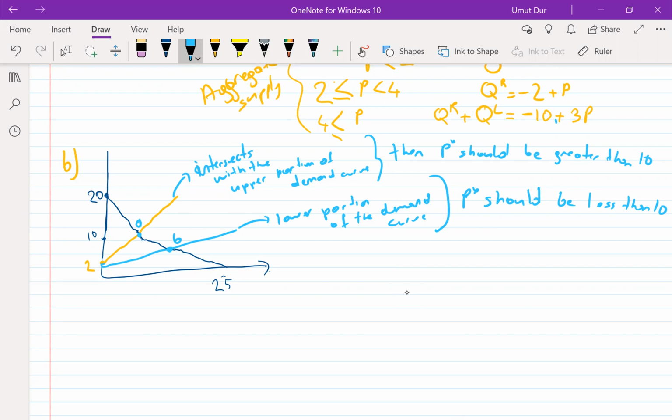Then we will equalize the supply to the second portion of the demand, and we will check whether the equilibrium price can be verified here. What I mean by verify: if it intersects at A, the equilibrium price I find needs to be greater than 10. If it intersects at B, the equilibrium price that I find needs to be less than 10. Okay, and let's do it.